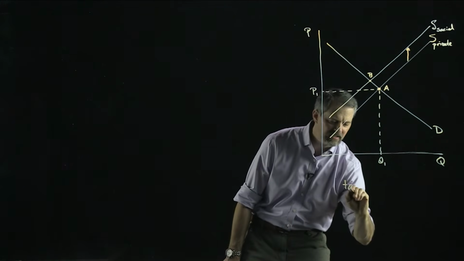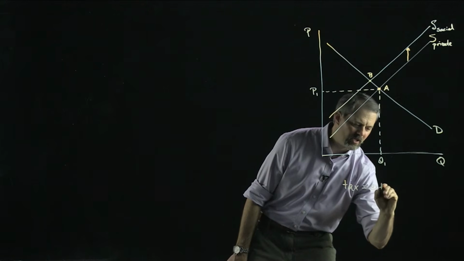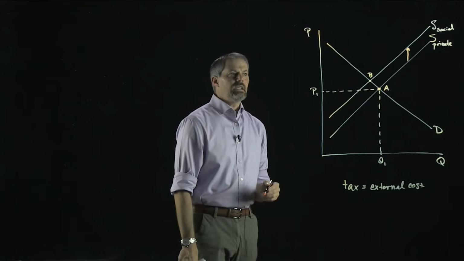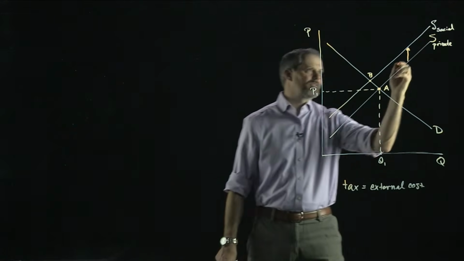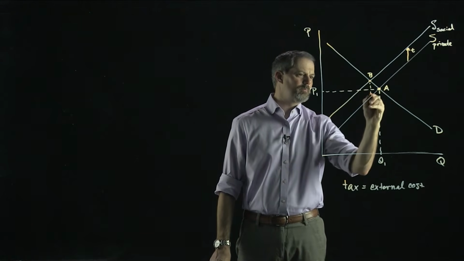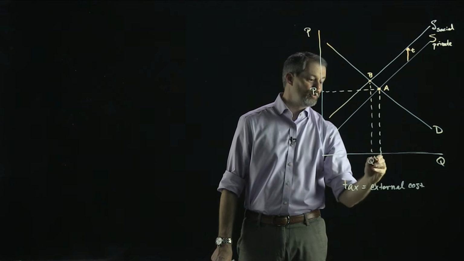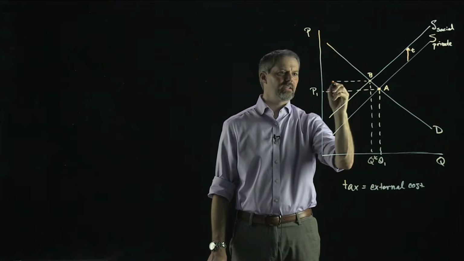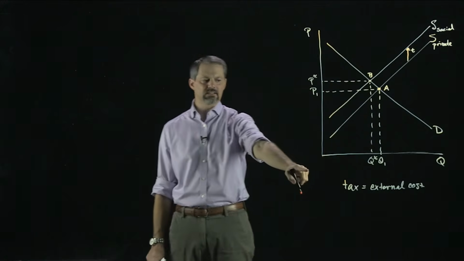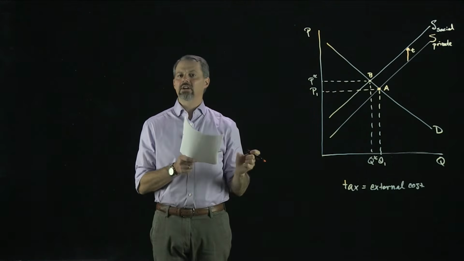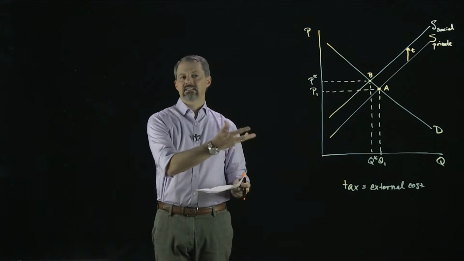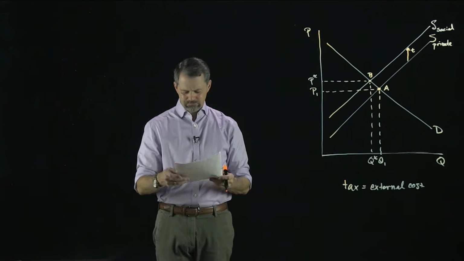So the tax would be equal to the external cost, the cost that's being passed on. If we were to impose that tax, that would result in this outcome, Q star, and this price. So you can see that if we were to impose a tax equal to the amount of the cost that's being passed on, then that would fix this problem.